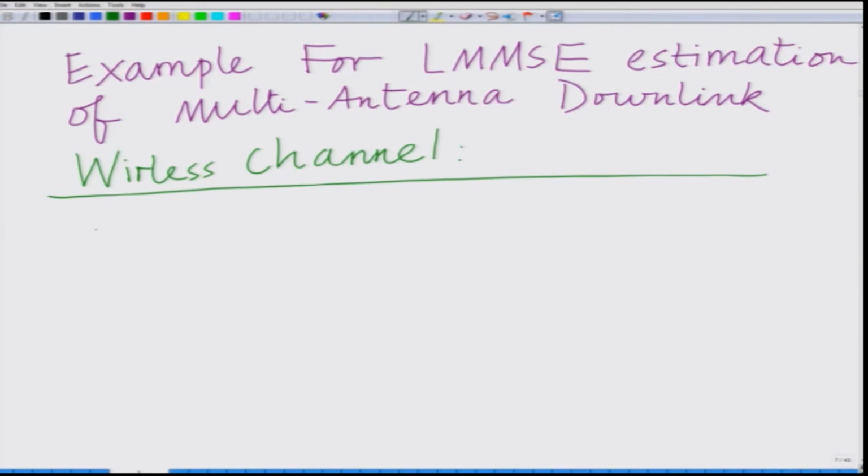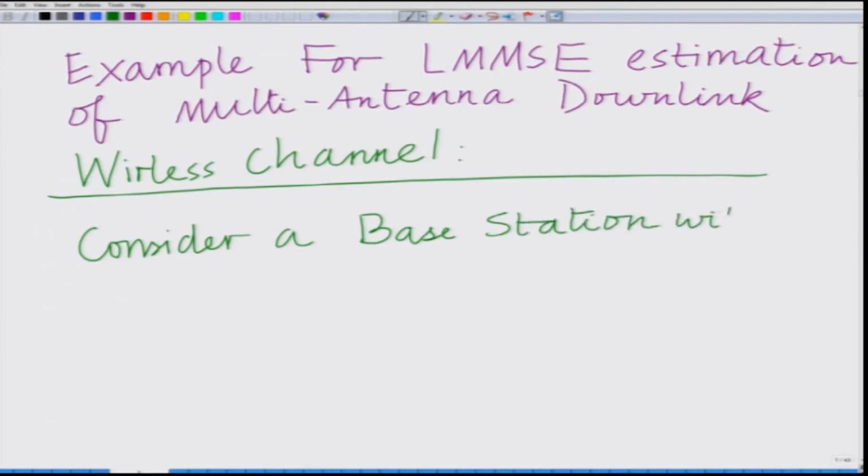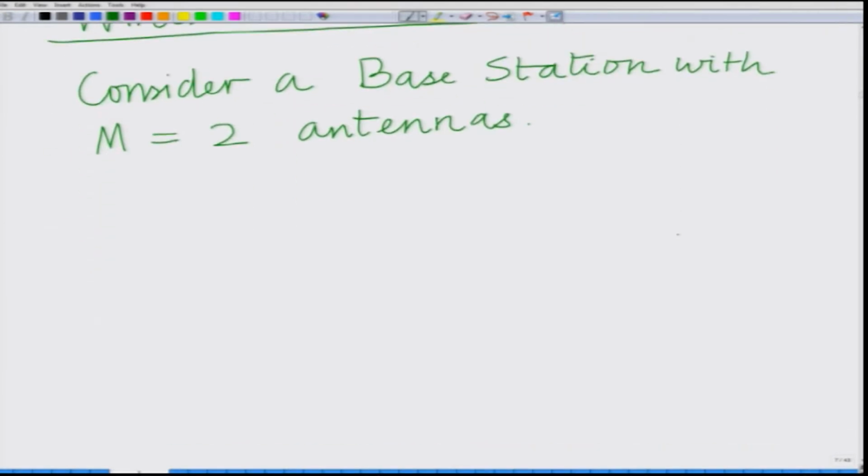So consider towards this example a base station with m equal to 2 antennas.